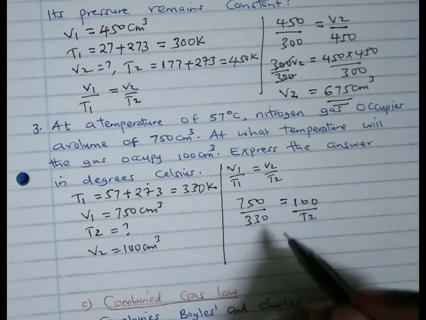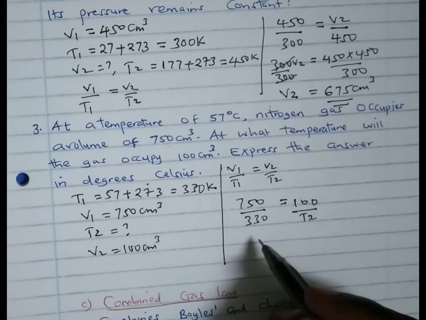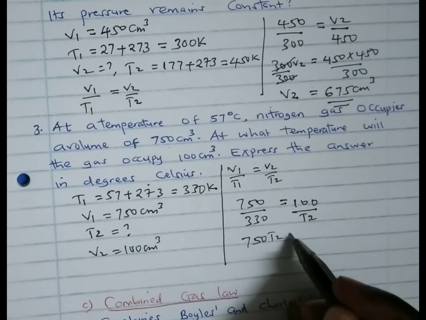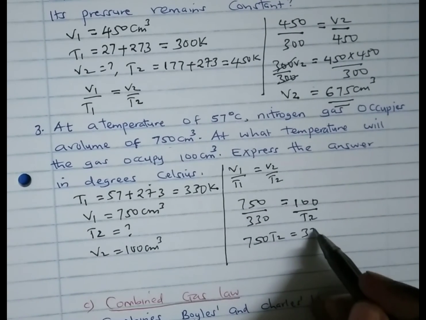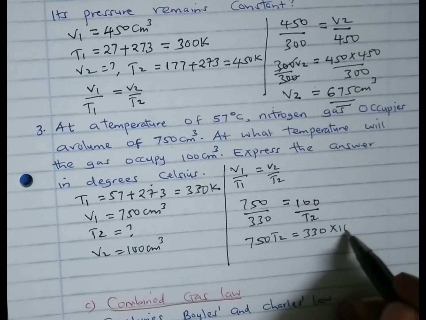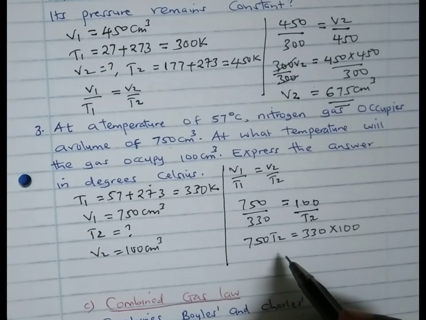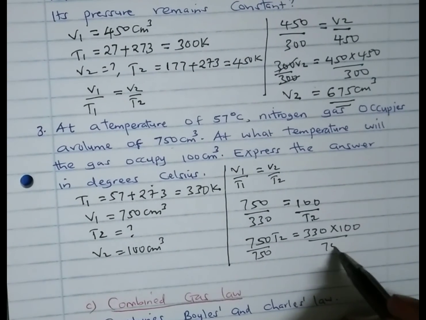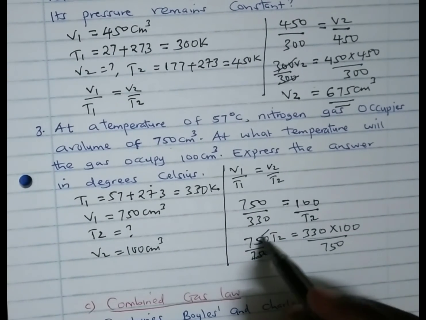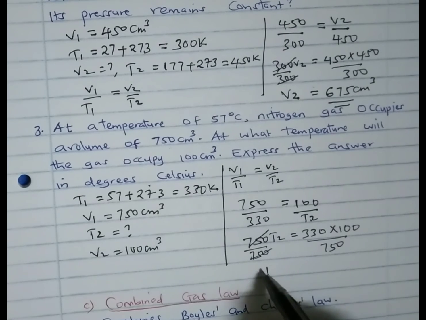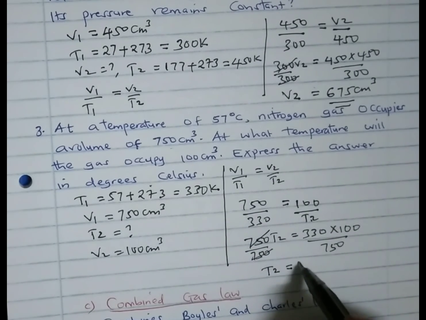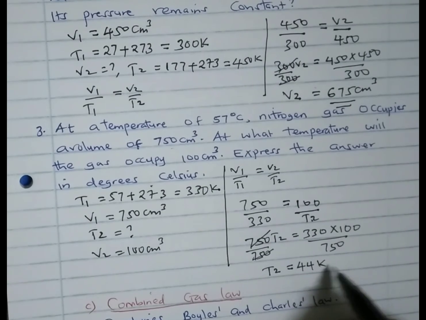If we cross multiply, T2 times 750 will give us 750 T2, and this one will give us 330 multiplied by 100. If you divide both sides by 750, 750 and 750 will cancel, giving us our temperature 2 being equal to 44 kelvins.